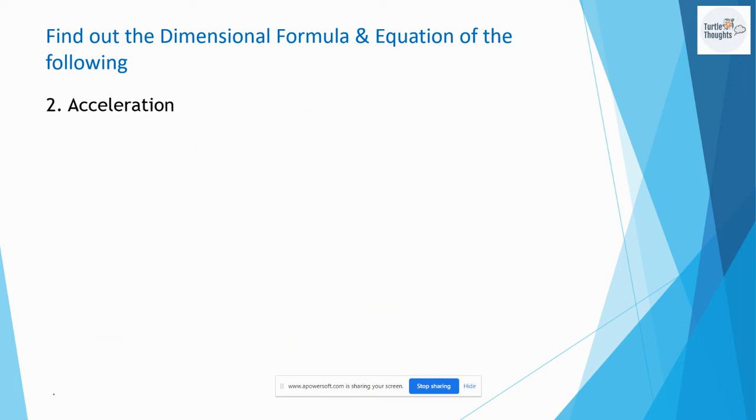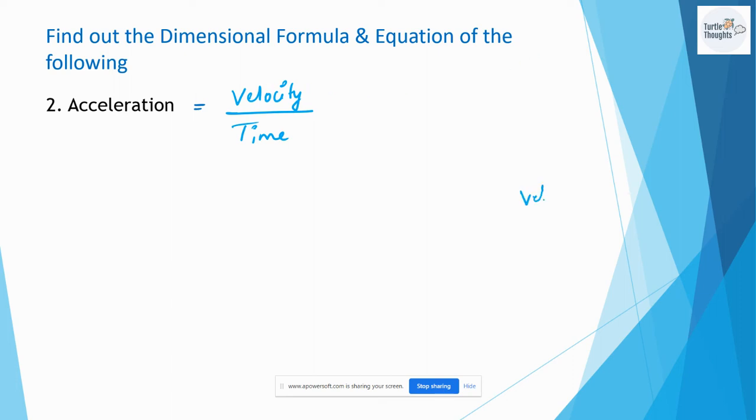Next, let us consider acceleration similarly. Now, what is acceleration? Basically, can I tell that acceleration is velocity over time? So time is a fundamental quantity, not a problem here, but velocity is not a fundamental quantity. So what is velocity?